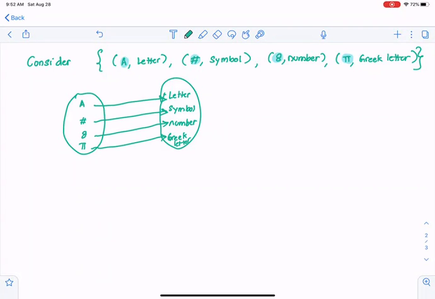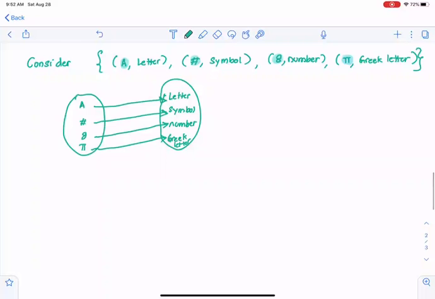So we can say that whatever we had in our pair as the first item, A, hashtag, 8 and pi, they are related to the second item in each pair.